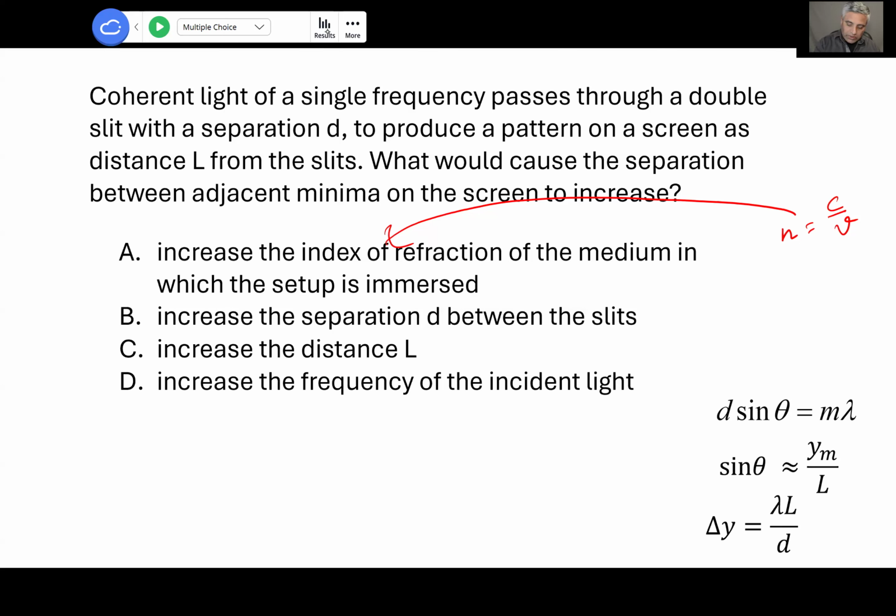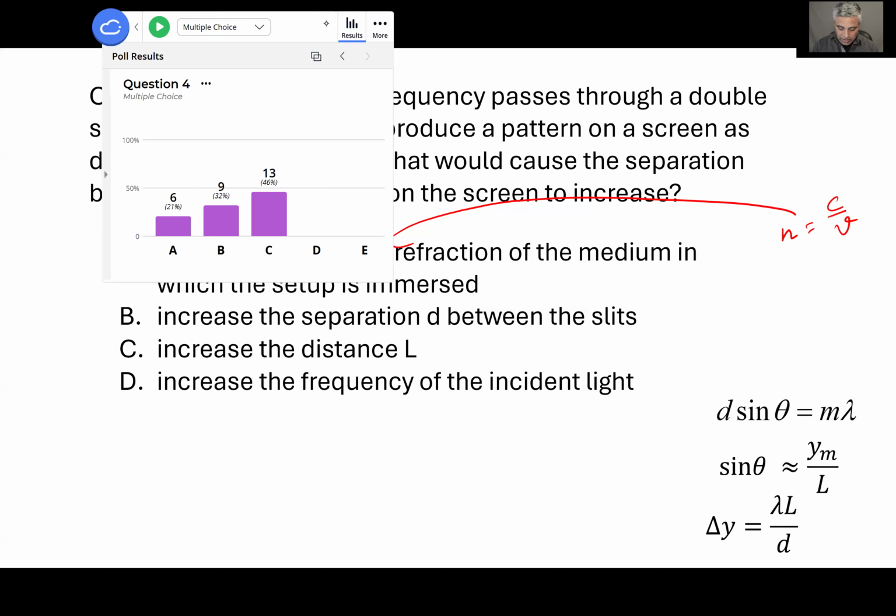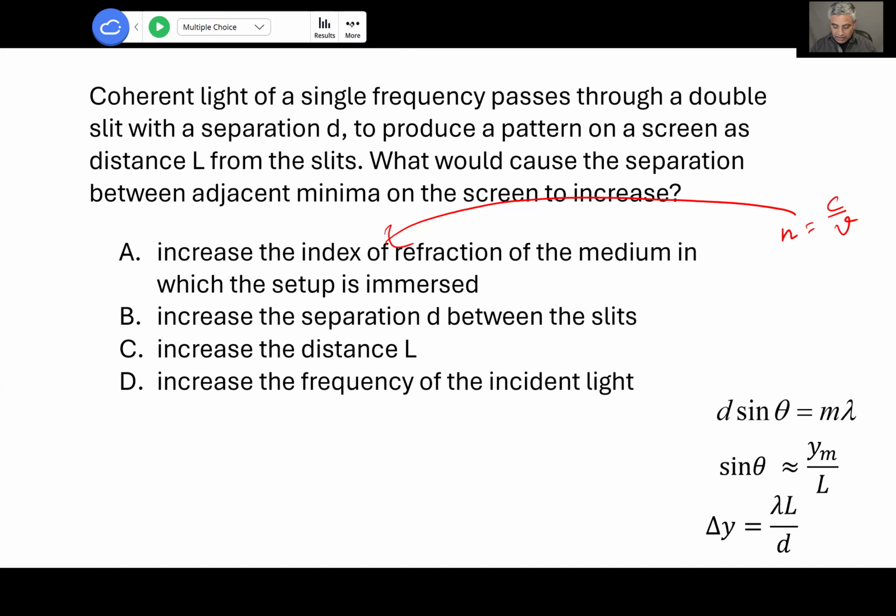Okay, so what we got here? We got A, B, and C. Nobody got D. A bit more for C. So let's see what's in C. What would cause the separation of the adjacent minima or maxima? If the separation between the maxima changes, the minima are also going to change because they are just a repeated, alternating pattern.